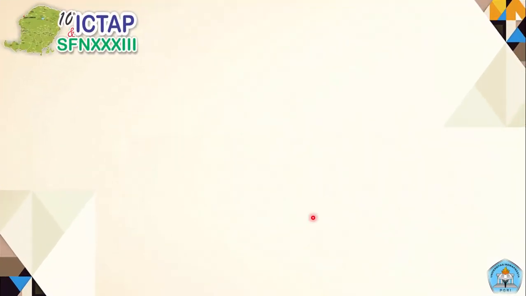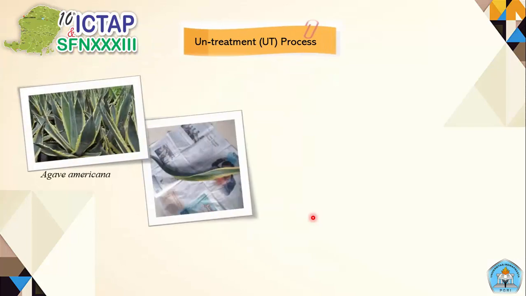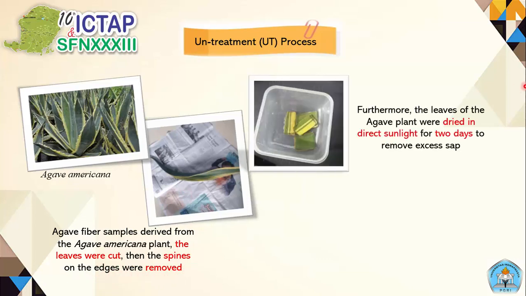In this section, we can see the untreated process of Agave americana. The agave fiber sample was derived from the Agave americana plant. The leaves were cut, then the spines at the edges were removed. Furthermore, the leaves were dried in direct sunlight for 2 days to remove excess moisture.